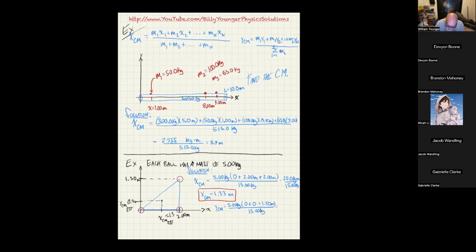So 1.5 times 5 should be 7.5, so that's 7.50 kilogram meters over 15.00 kilograms. And in fact, I get Y center of mass is, again, exactly what I guessed, which is 0.500 meters. Any questions on that?